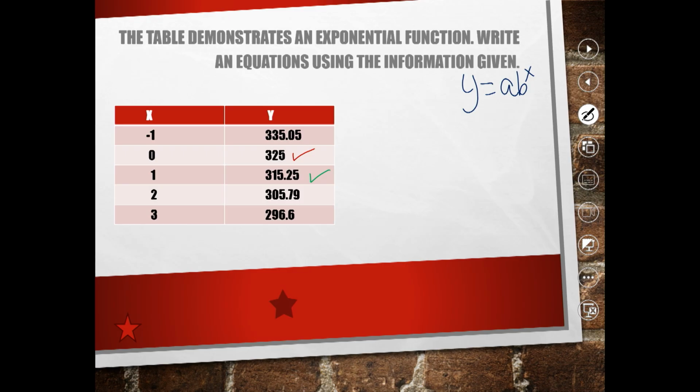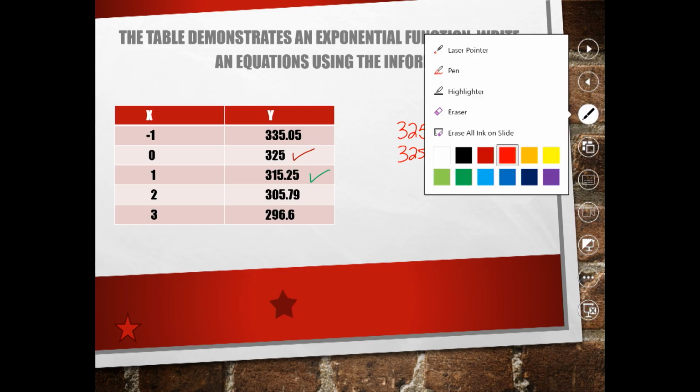So I've got 325 equals a b to the 0. We talked about anything to the 0 power is 1. So a equals 325. So I'm going to go ahead and plug that in. Y equals 325. Now let's solve for the b.